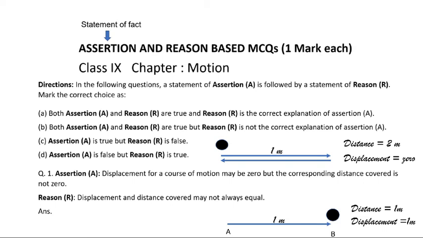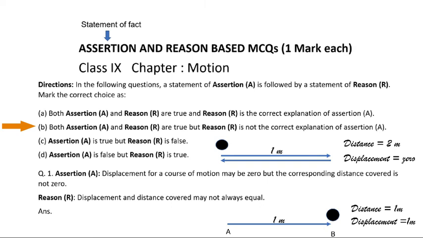Both are true statements, but is the second statement the correct reason for the first statement? Next, B. Both assertion A and reason R are true, but reason R is not the correct explanation of assertion A.